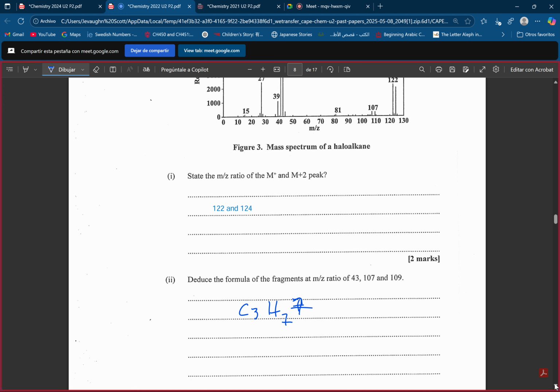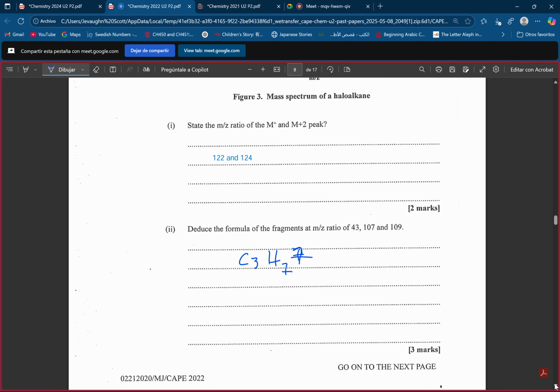The halogen is bromine, but I want somebody to let me know what kind of bromine it is and how we arrive at that deduction. So how does that relate to anything here now?